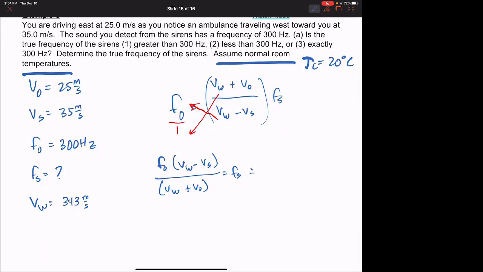So it gives me 300 times 343 minus 35 over 343 plus 25. FS is 251.09 hertz.